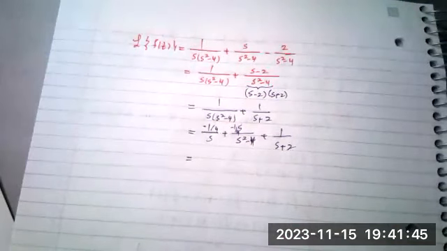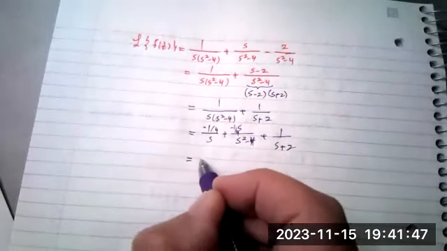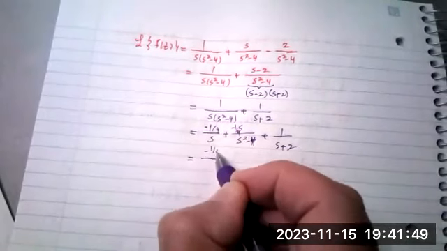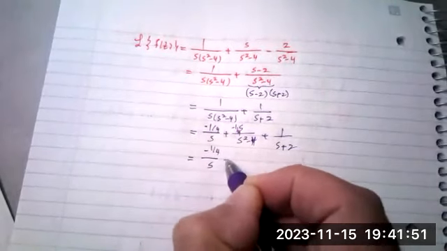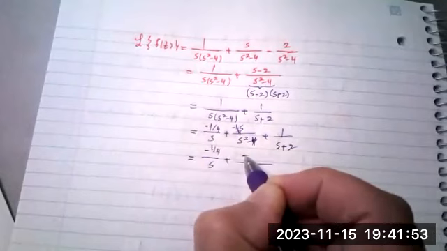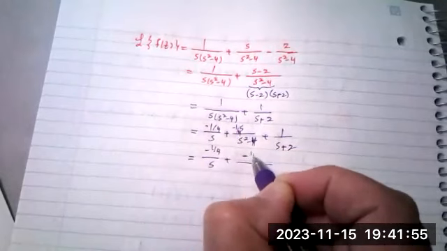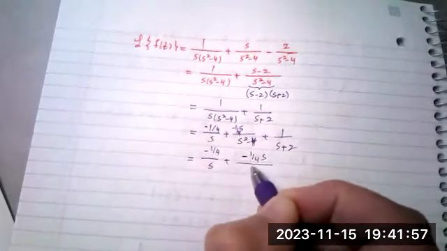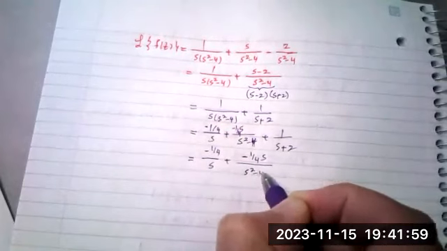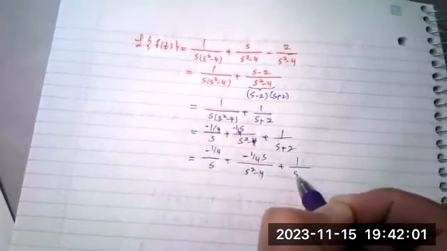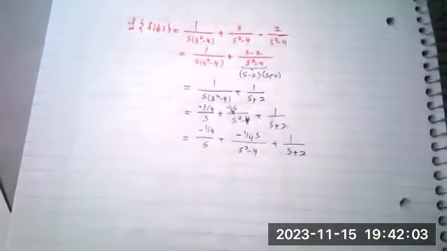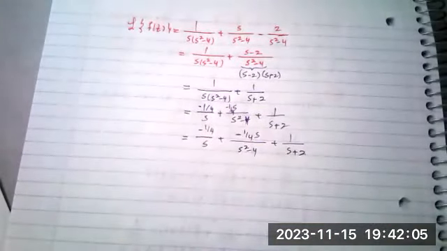Okay, so there you are. I repeated, this is a negative quarter over s, plus that is a negative quarter times s over s squared minus 4, and this would be 1 over s plus 2. Now we are ready to find the Laplace inverse of this one.